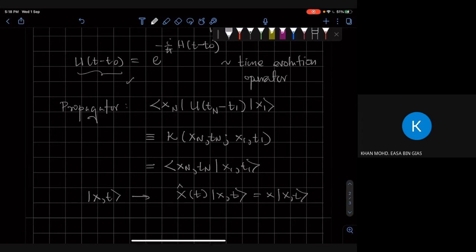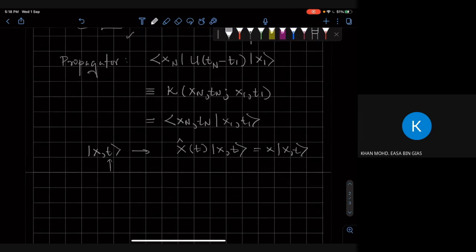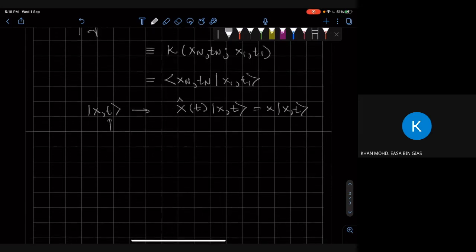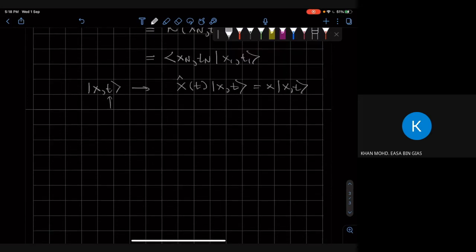I'm not saying that t is the evolution parameter of the state itself, because in the Heisenberg picture, the states are time independent. So this is a propagator. Now, what we want to do is take tn minus t1 to be a finite time interval, but then we divide this time interval by a large positive integer, n minus 1.